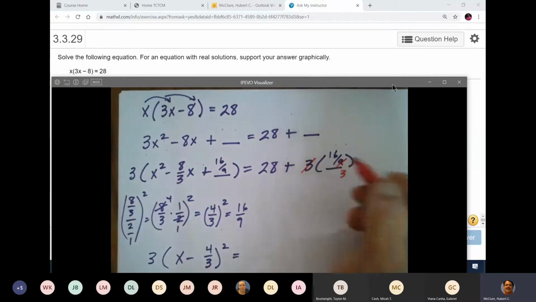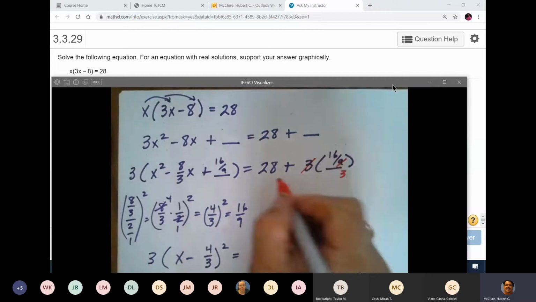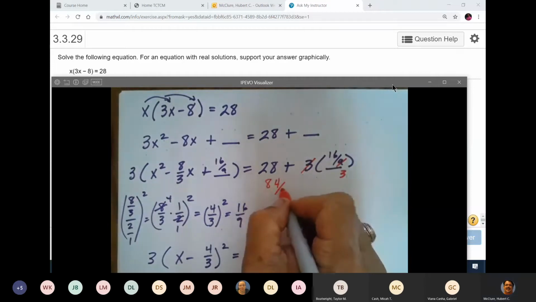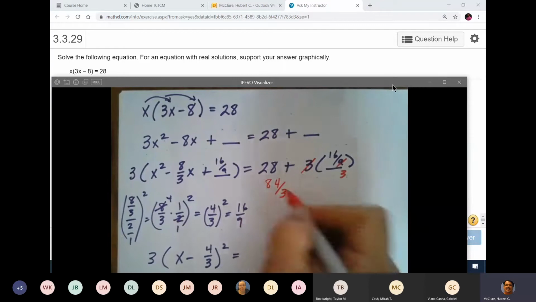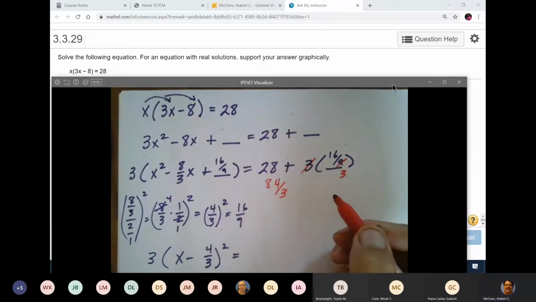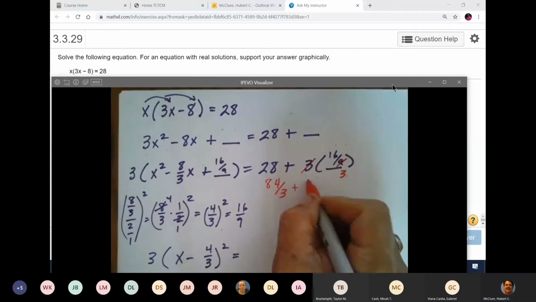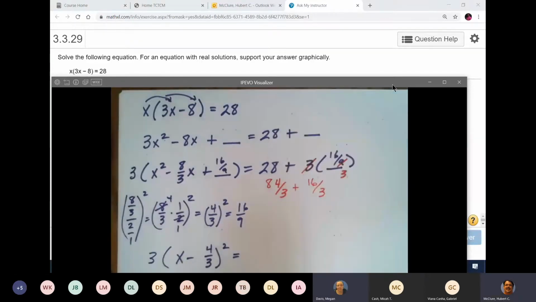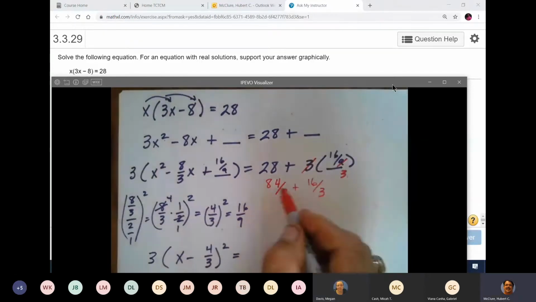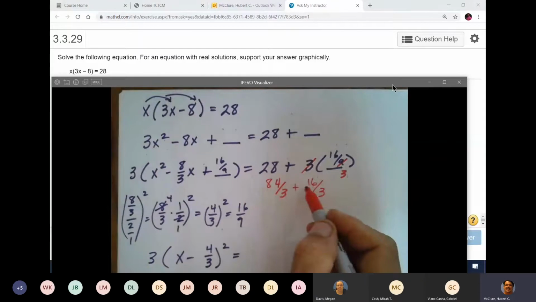Somebody check my math. What's 84 divided by 3? Somebody check me and see if it's 28. What's 84 divided by 3? That means I want y'all to interact with me. Yeah, it's 28. Okay. And 84 plus 16, well, heck, that's going to be 100, isn't it?